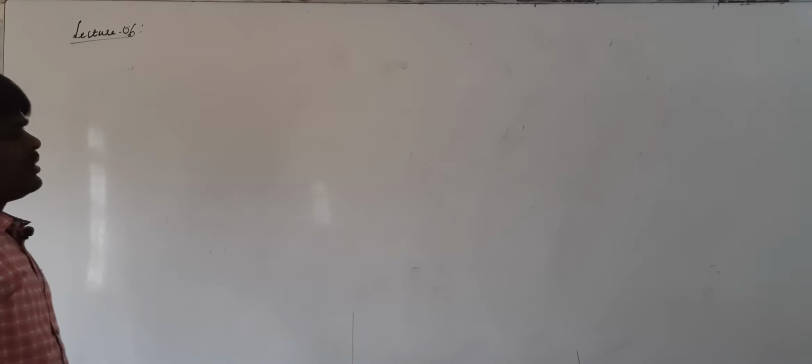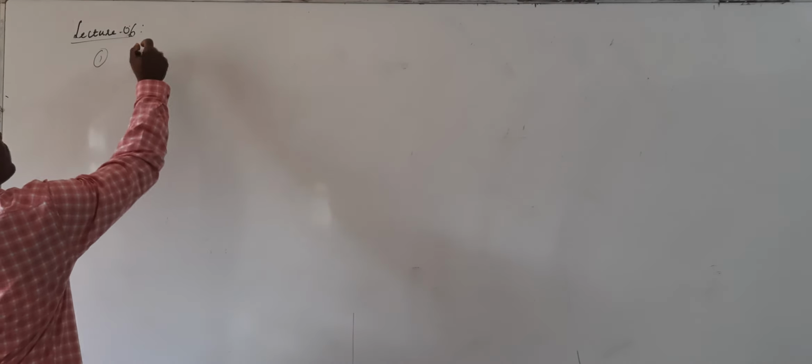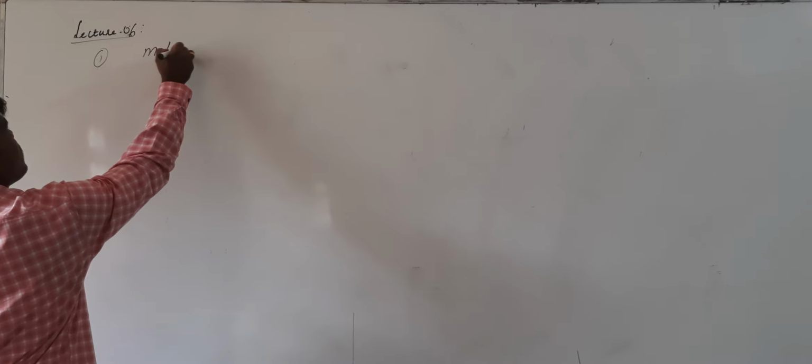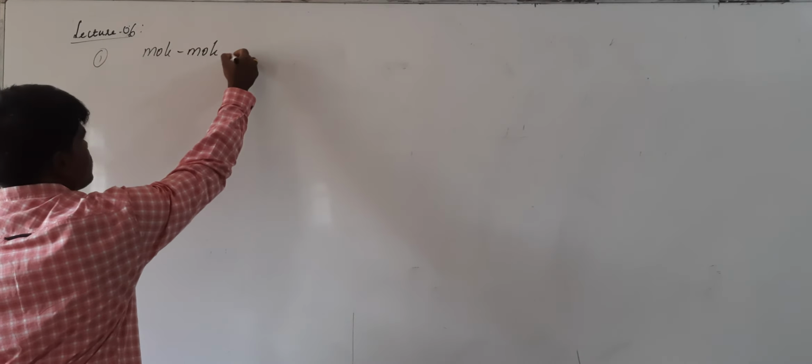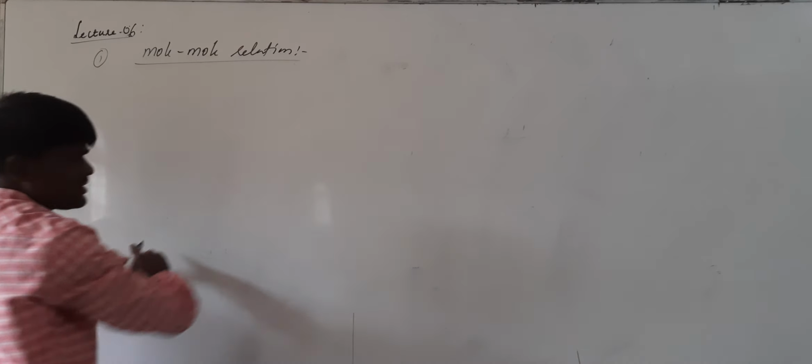Now we will see, from the concept of stoichiometric calculations, you may get different types of relations such as mole to mole relation. We will see some calculations based on the mole to mole relation. We will discuss this with an example.